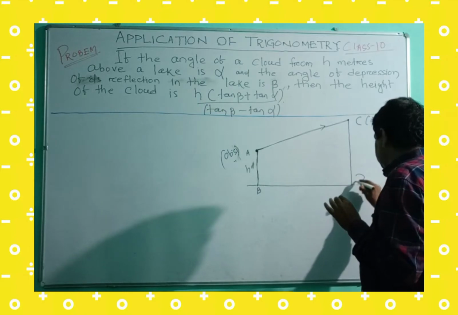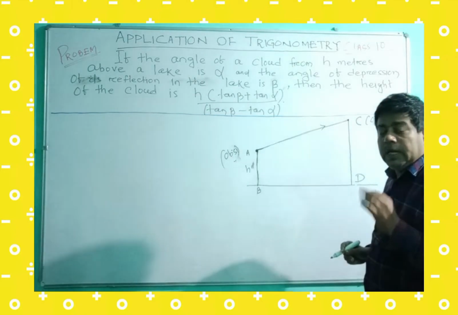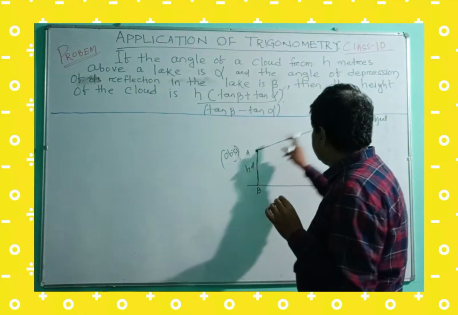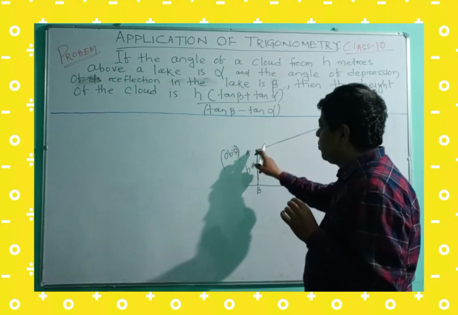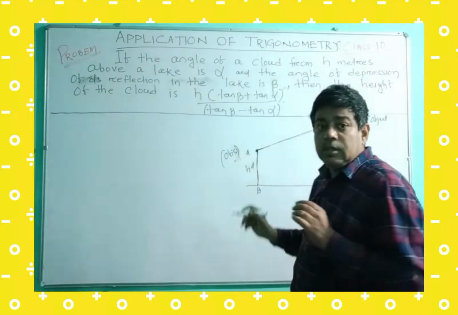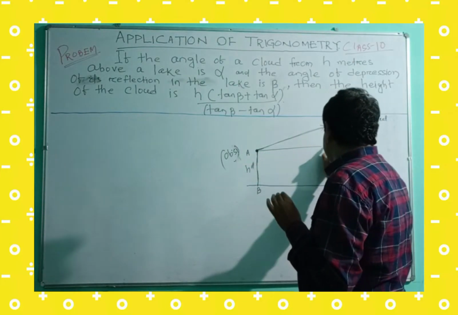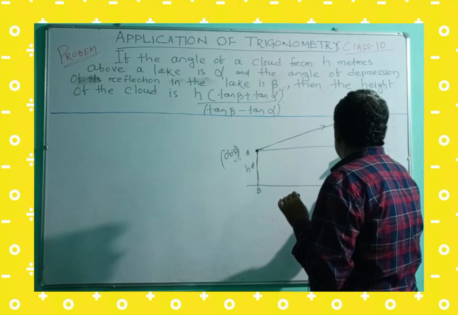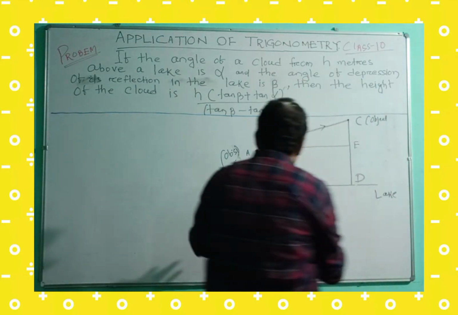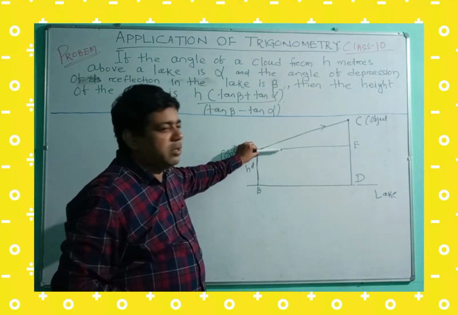Is it clear? It is saying that the angle of elevation of the cloud from the point A is alpha, right? It means from the point A we have to draw a horizontal line, because the observer is observing in a horizontal way.